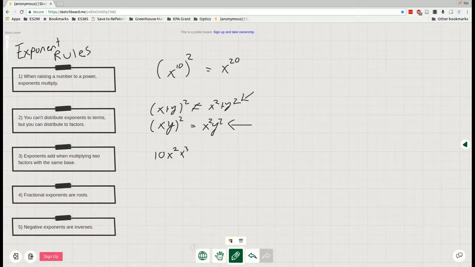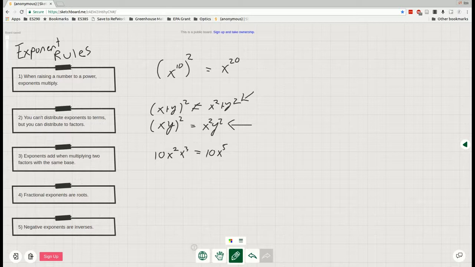So when I say the base, it's the number that's being raised to the power. So in this case, these two factors have the same base, which is x. Okay. When two factors with the same base are being multiplied, you add the exponents. So 2 plus 3 is 5. This is actually equal to 10 times x to the 5th.